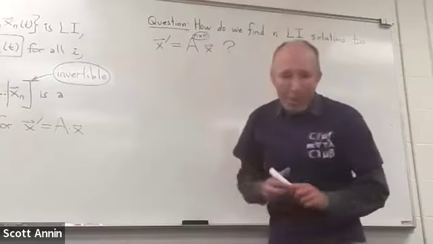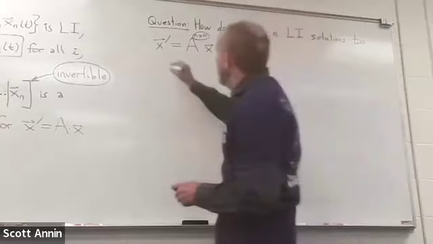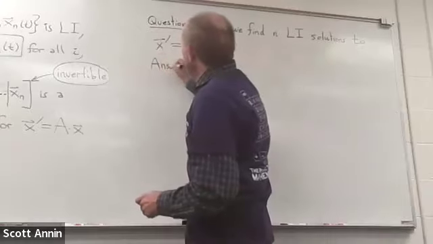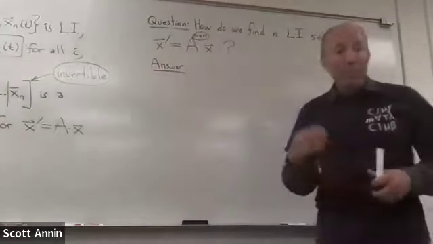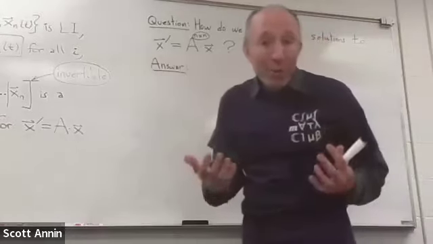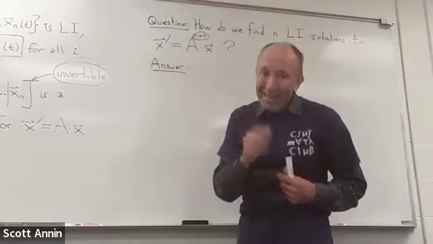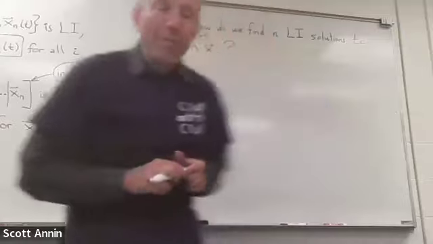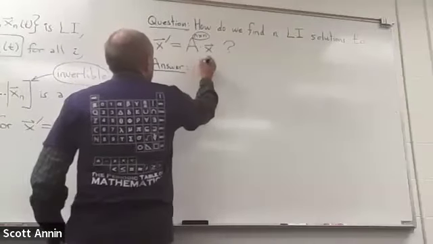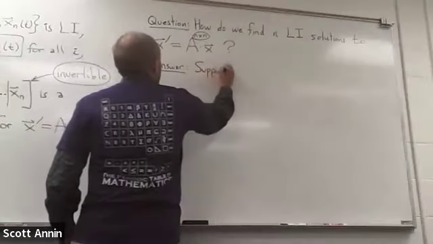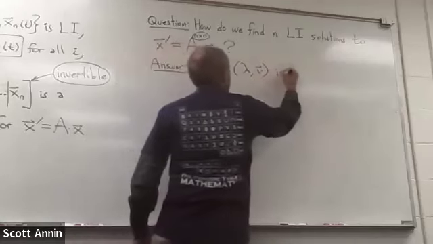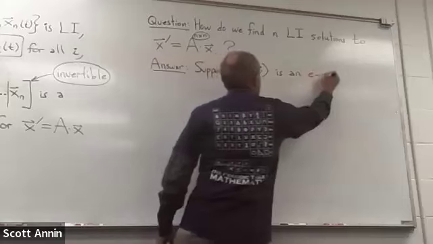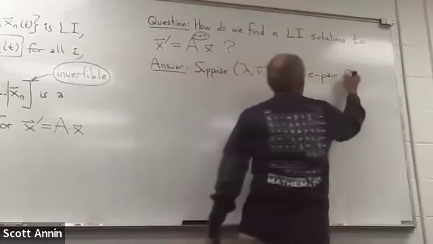Because this is a square matrix A, as we learned earlier in linear algebra, it will have eigenvalues and eigenvectors, right? So the answer here is, I'm going to suppose that lambda and v is an eigenpair for A.